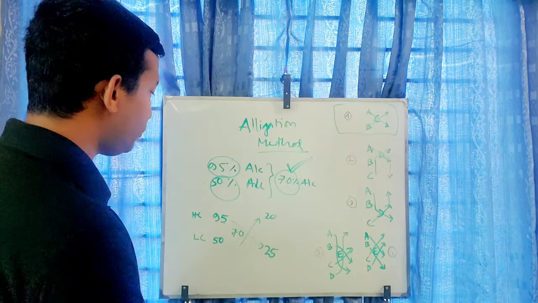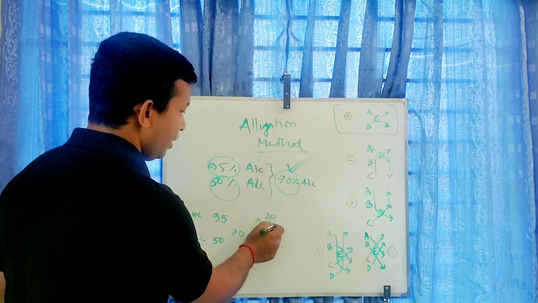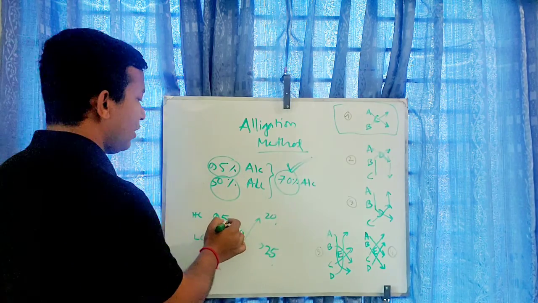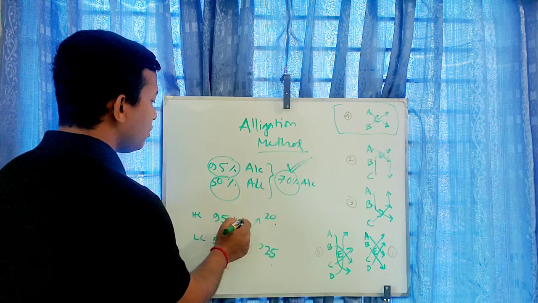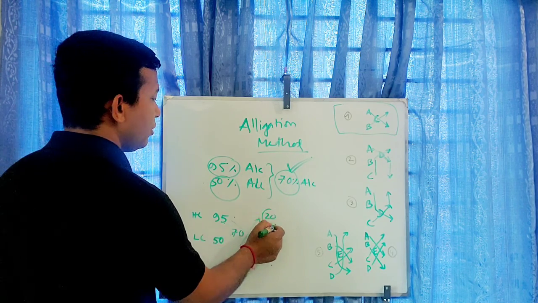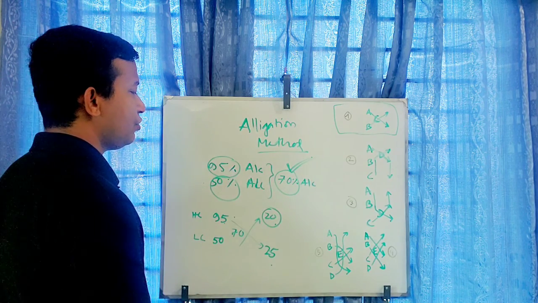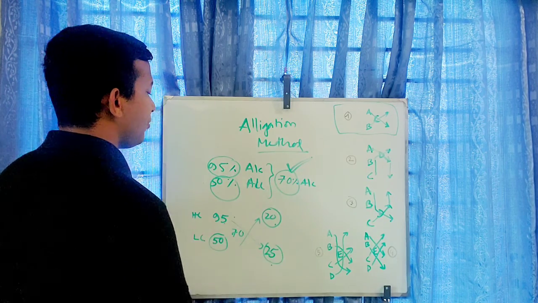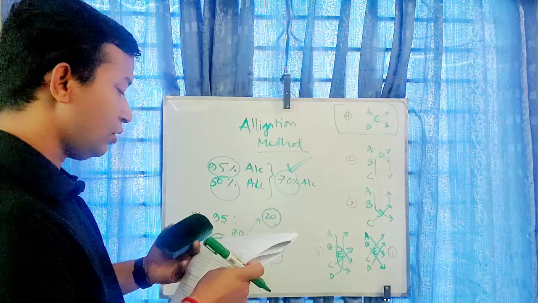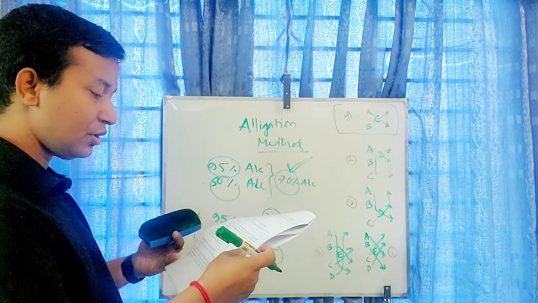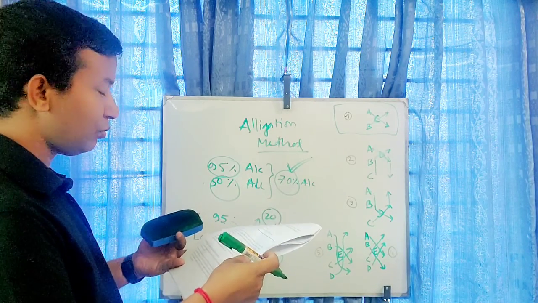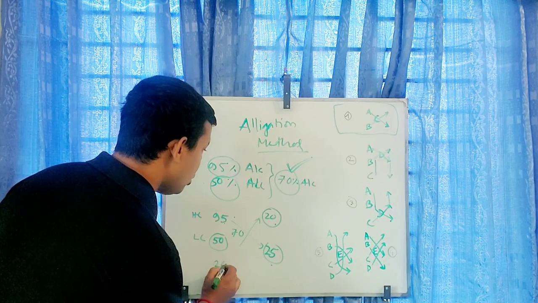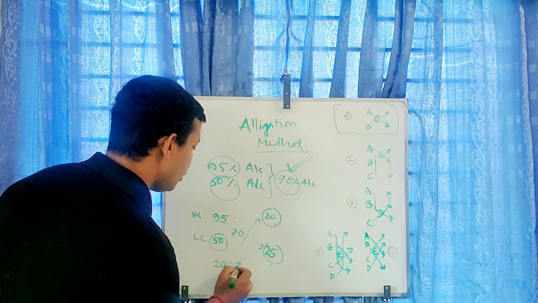20 and 25 are the outcomes here. Now it represents that 95% alcohol is 20 parts, and 50% alcohol is 25 parts. So if anybody asks what the ratio is, in these questions they ask what proportion, the proportion is 20 to 25.